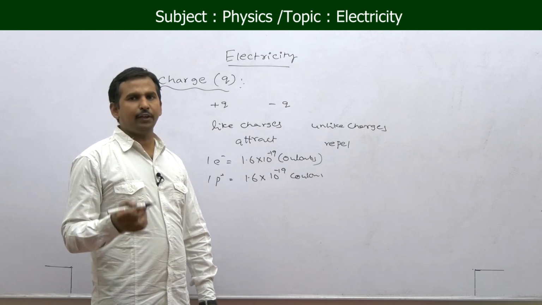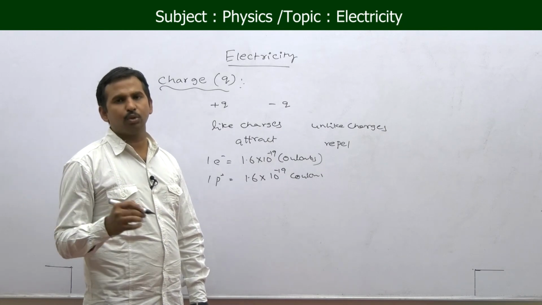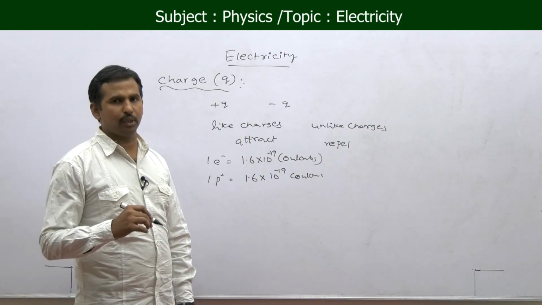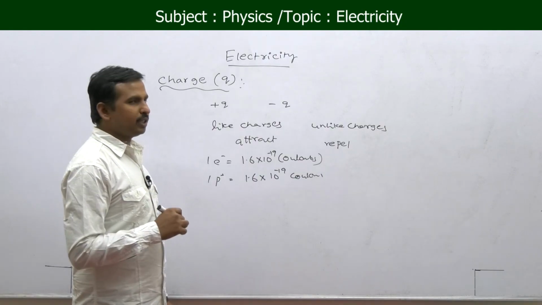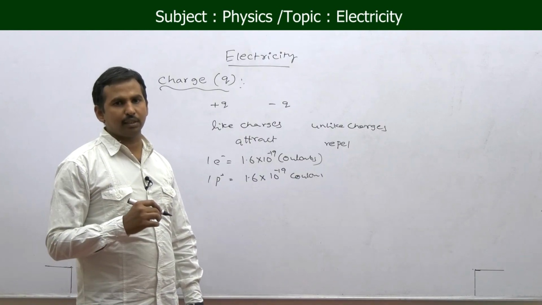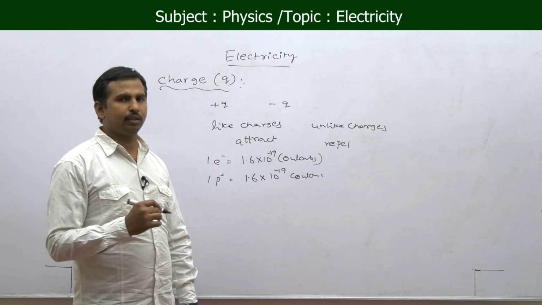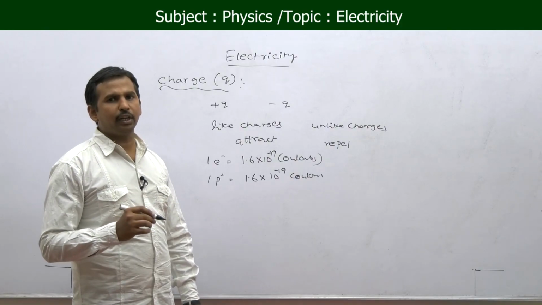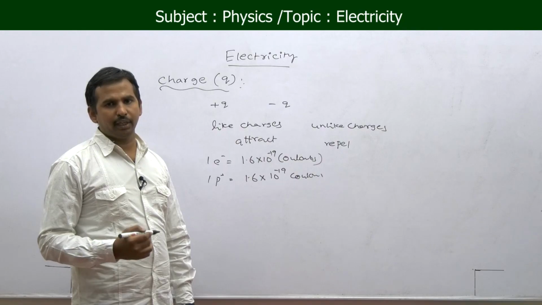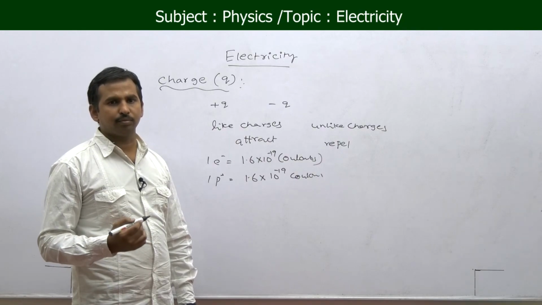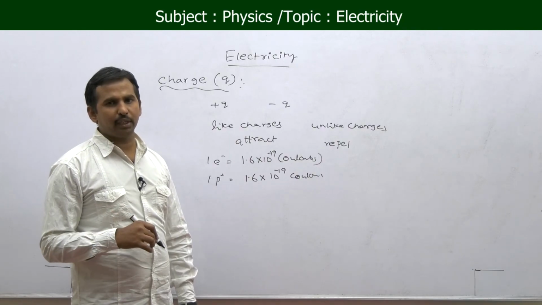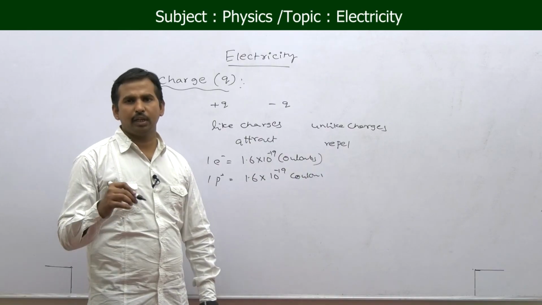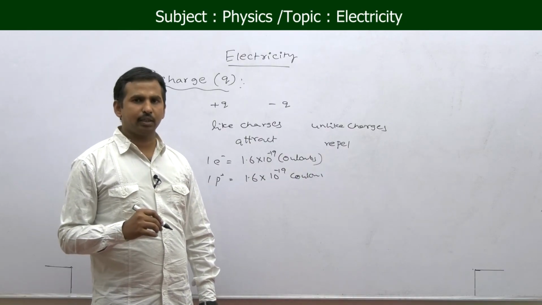If they do not allow charges to pass through, they are called electric insulators. The best examples of conductors are silver and copper. Good insulators are wood and rubber.